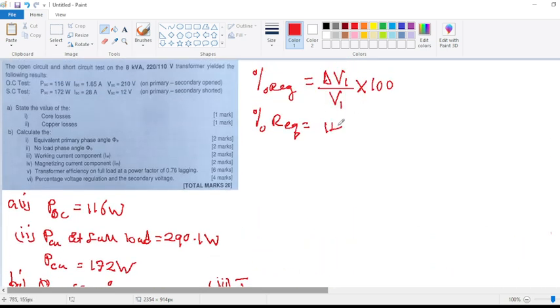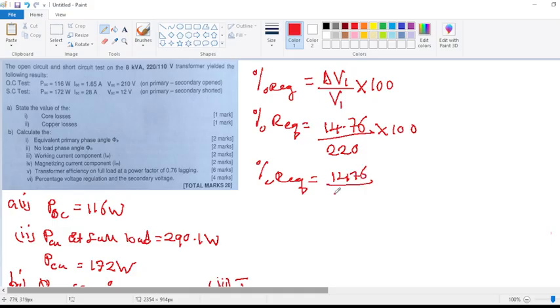So we are going to have 14.76 divided by the voltage on the primary side, 220, multiplied by 100. If you perform the calculations, 14.76 multiplied by 100 gives you 1476.